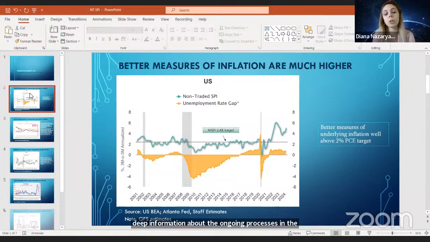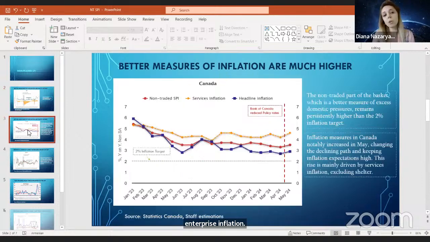So we put for the US this data together with the unemployment rate gap to highlight the wage inflation spiral that could be. And for these processes, we chose the non-traded sticky price inflation. Also, we calculated it for Canada. At this point, my focus is on Canada.